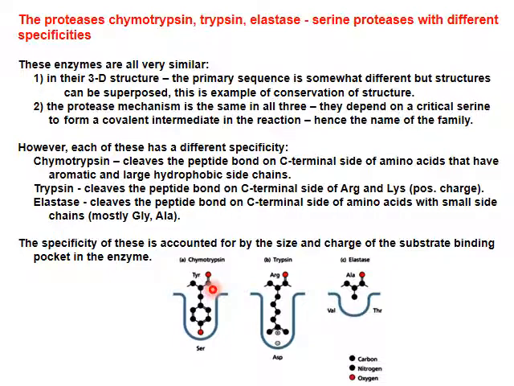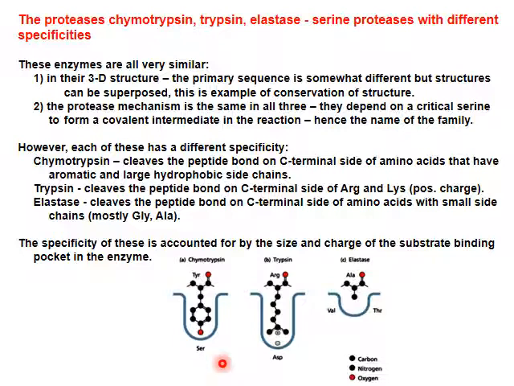So chymotrypsin, for example, cleaves peptide bonds on the C-terminal side of amino acids that have aromatic and large hydrophobic side chains. So it can account for large aromatic and hydrophobic side chains. So not only does it cut phenylalanine, but it can cut tyrosine, for example.